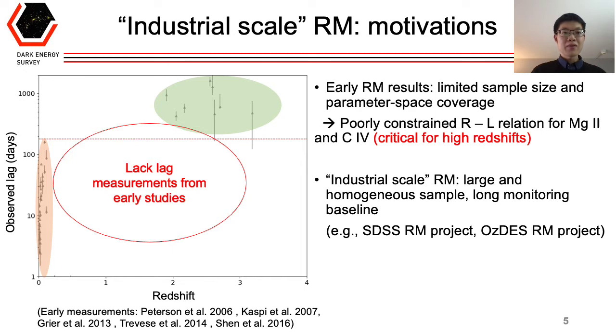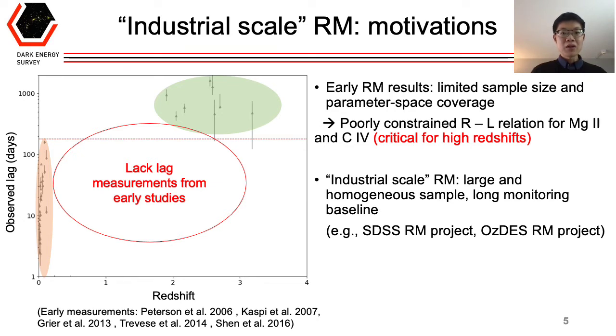However, most of the lag measurements from early reverberation mapping studies were limited to low redshift, low luminosity AGNs, and in those studies, the R-L relation was mainly based on the time lag of the H-beta line, while the R-L relation for the Magnesium II and Carbon IV lines were poorly constrained.